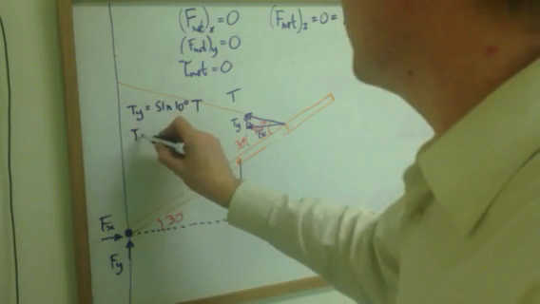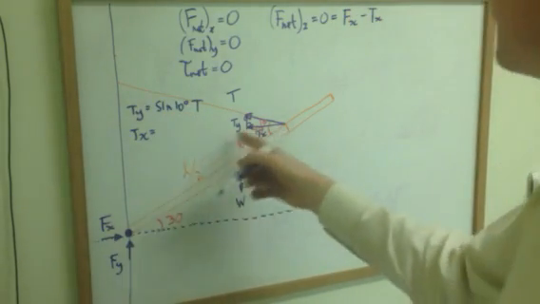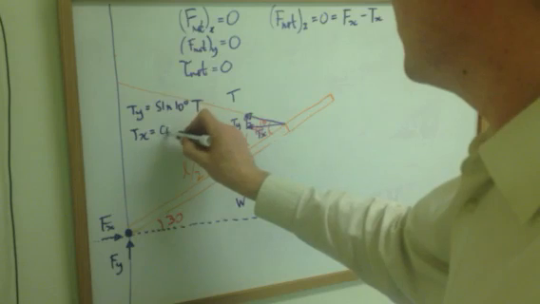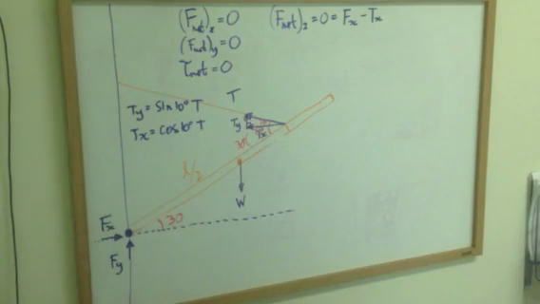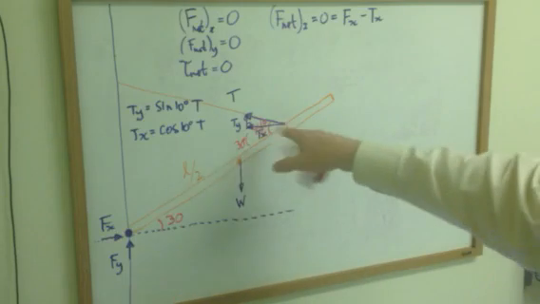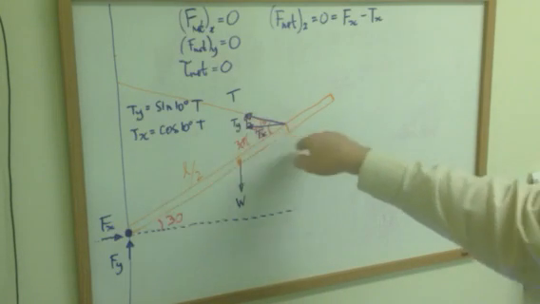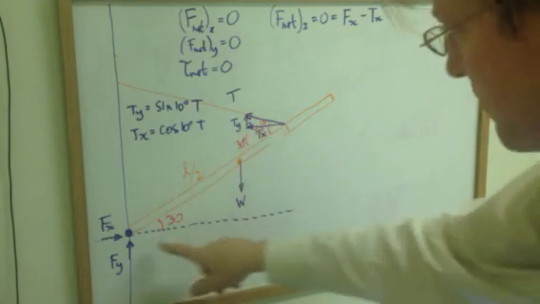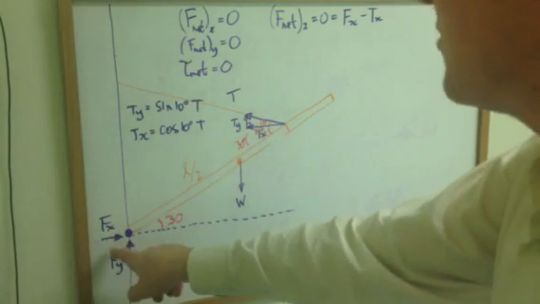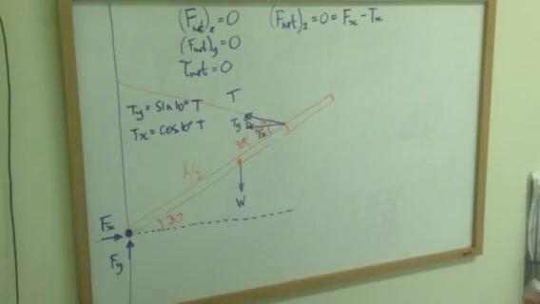And I do know that the horizontal component is equal to cos 10 degrees times T. So T can be split up into a vertical component and a horizontal component. This horizontal component is balanced by the horizontal component at the pivot point.